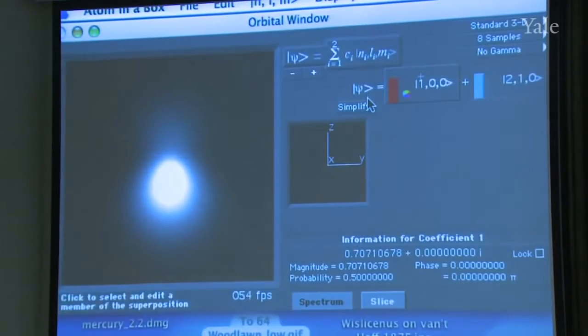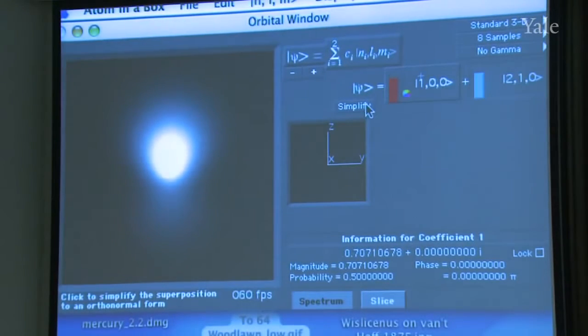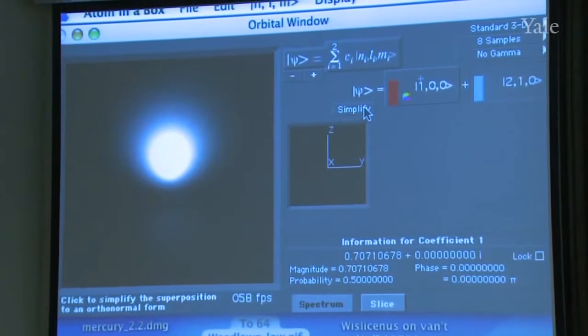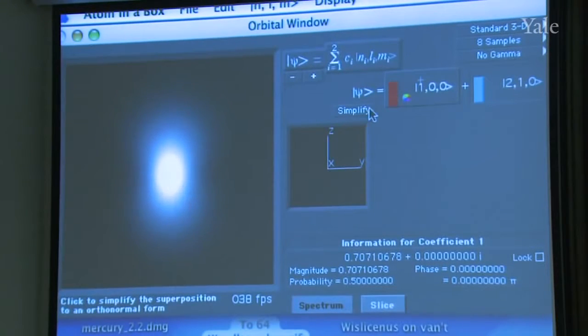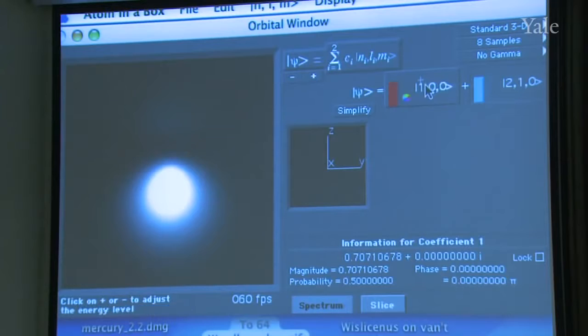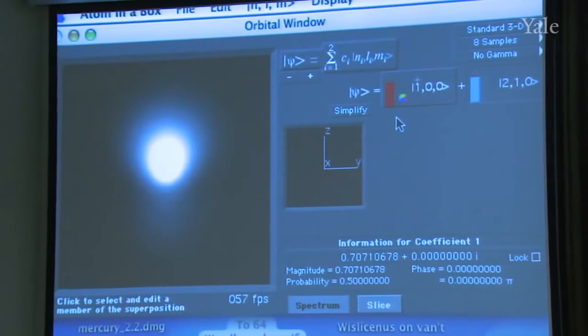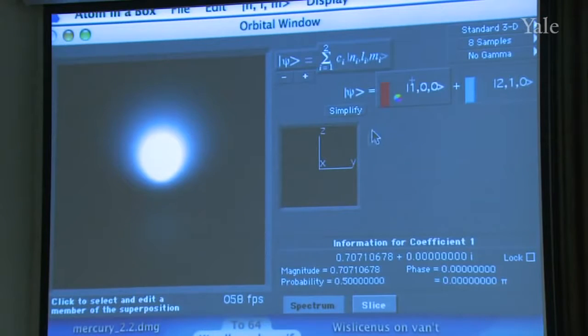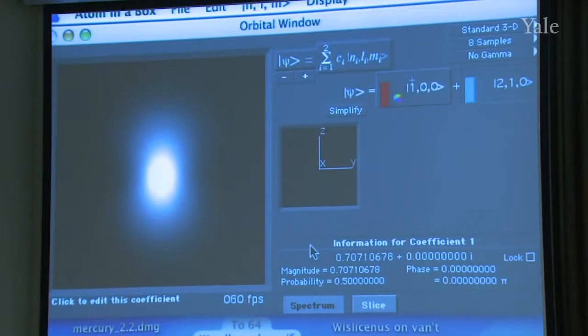Oh, I think it's because I didn't get simplify to work here. Why isn't it simplifying? My guess is because I blew this up to be on the screen, it's not showing. Anyhow, we've done that before and seen that you can see the energy levels of different atomic levels and the wavelength that's involved. We can see the static shift in electron density from mixing 2s with 2p orbitals.